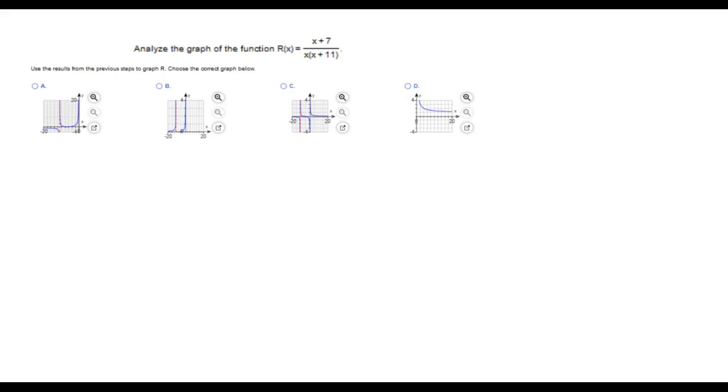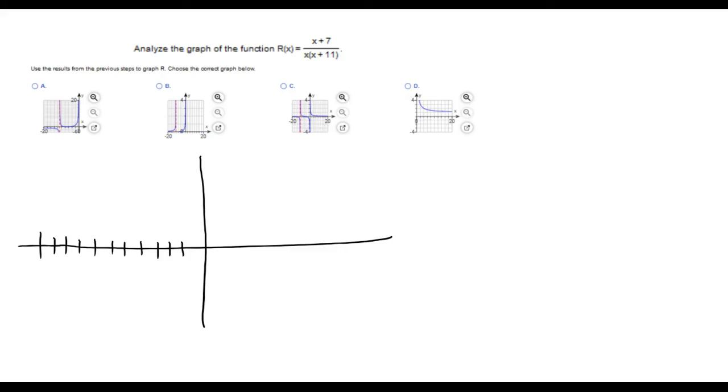So finally, let's take a look at the graph of this function. I'm going to draw by hand and I'll show you with the calculator. We found vertical asymptotes at -11 and at 0.